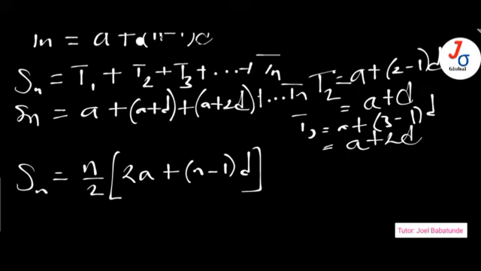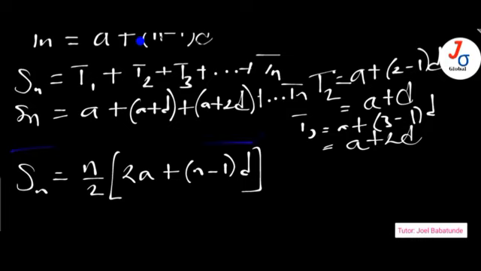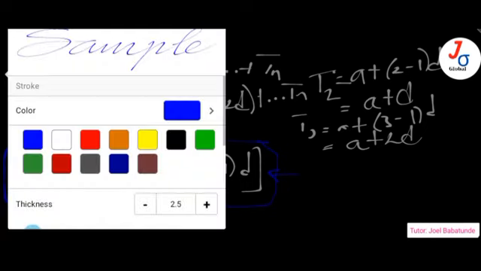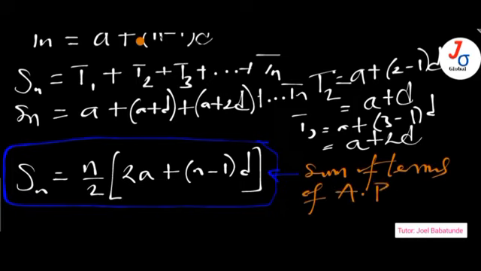So this is the formula for the sum of terms of an AP, and this is how it's given.